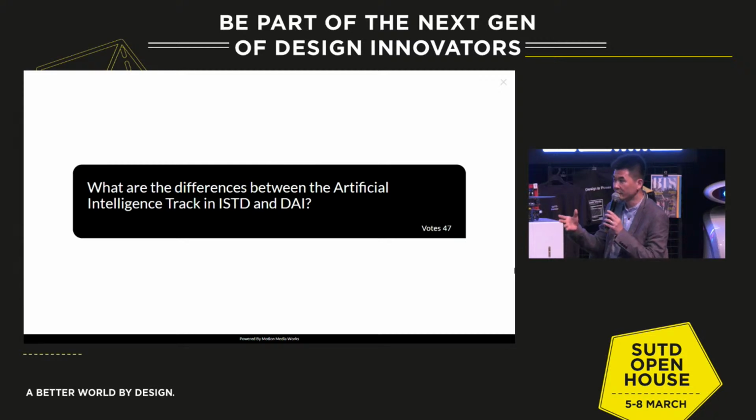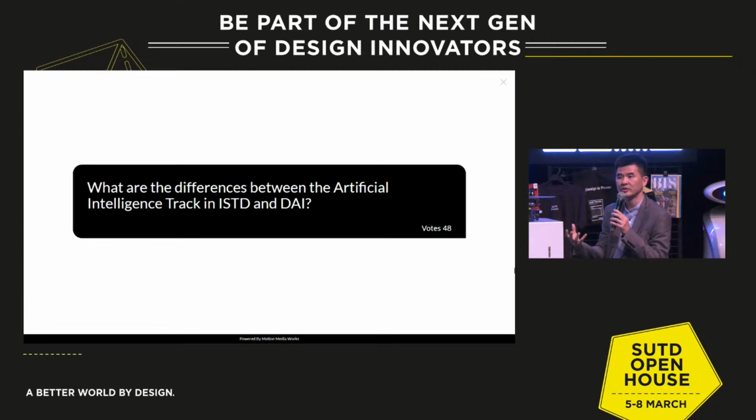DAI is a different program. It looks at how to use AI as a tool to drive design innovation, whether in products, services, space, or systems. So it has a more general curriculum that looks at the application of AI.